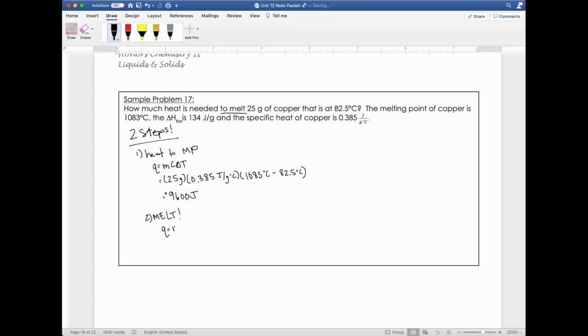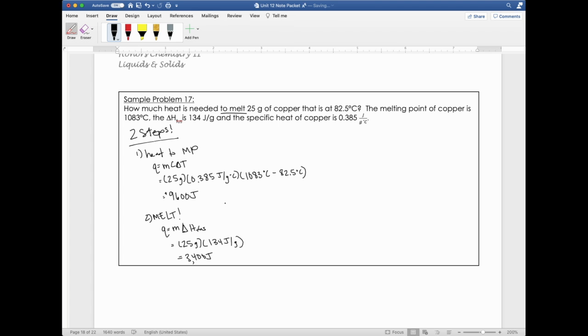We're going to do that using Q equals M times the enthalpy of fusion. Mass is still 25 grams, and that enthalpy of fusion was given to us. That's that 134 joules per gram. And you solve for that, you get 3,400.